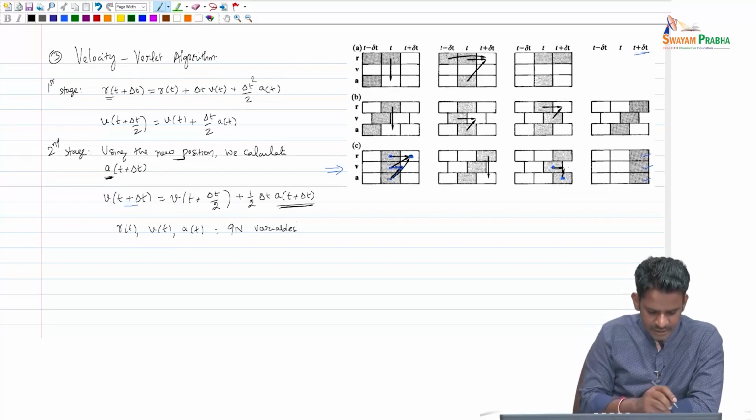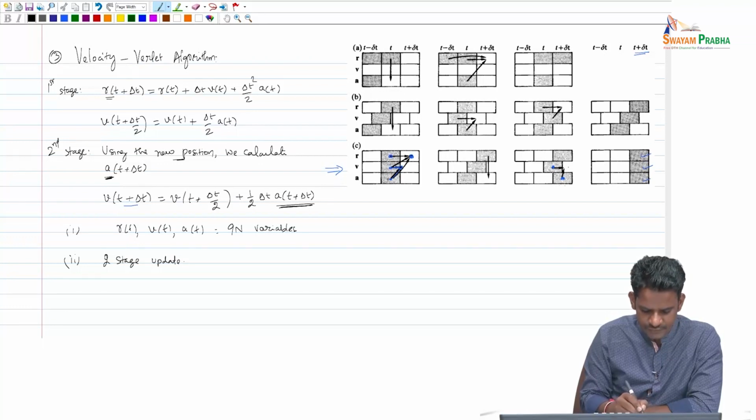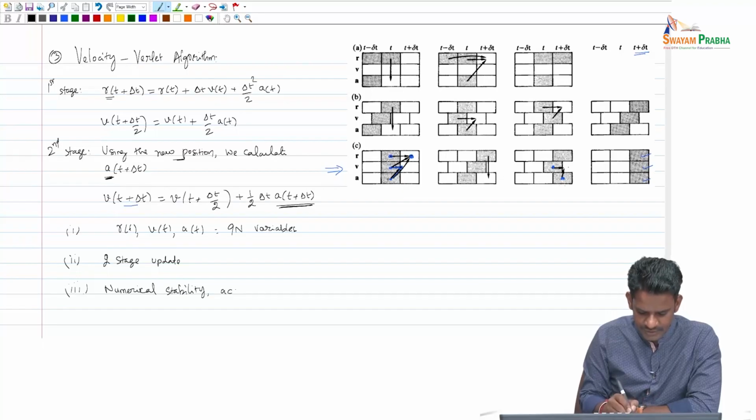And it has, as I said before, two stage updates, and then this particular algorithm seems to be very good in terms of numerical stability, accuracy and also simple to code.